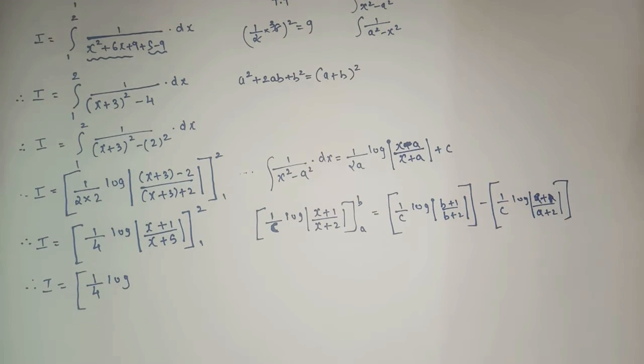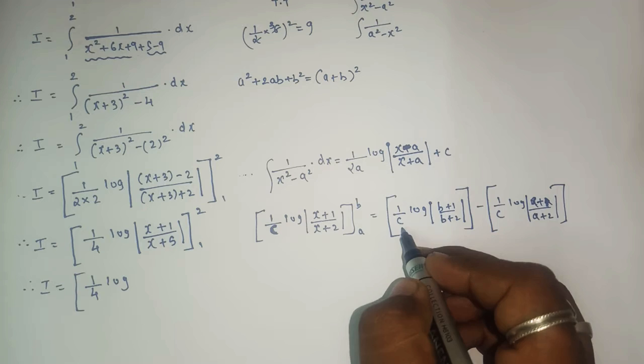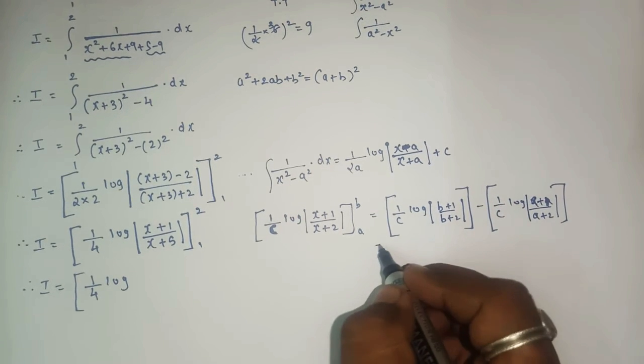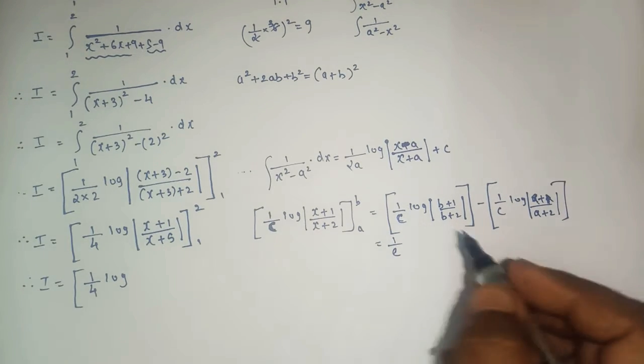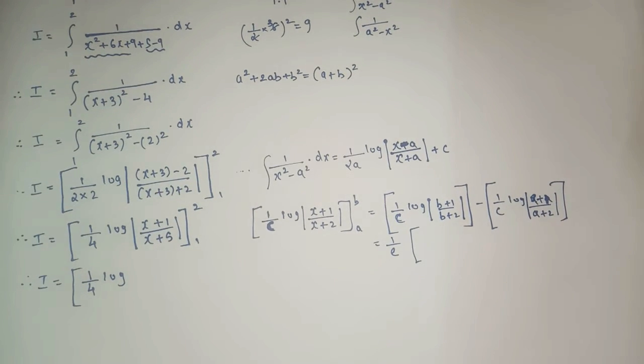Anyhow, 1 upon c will be common, so if you want, you can write it directly outside the box. In both the cases you will get the same answer.